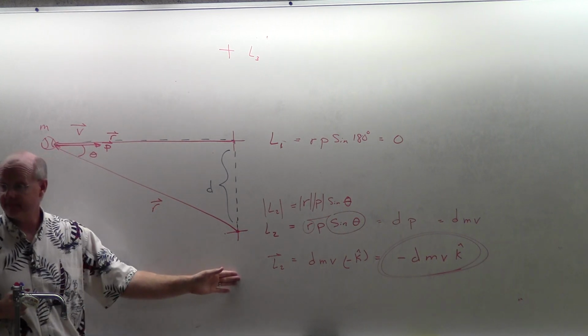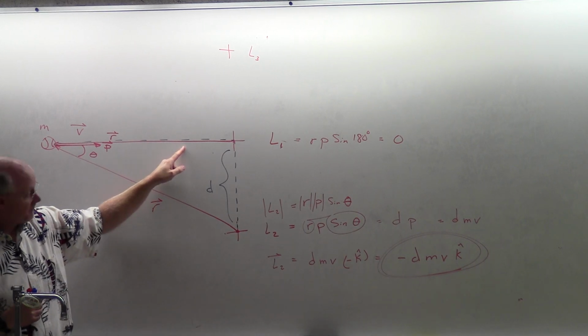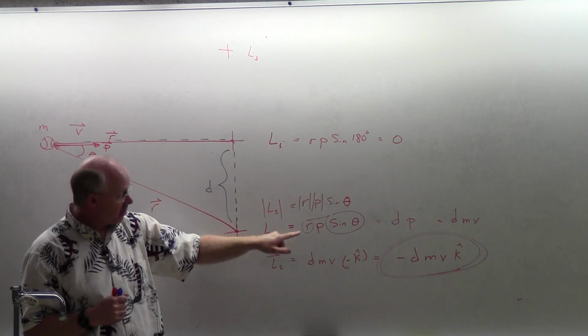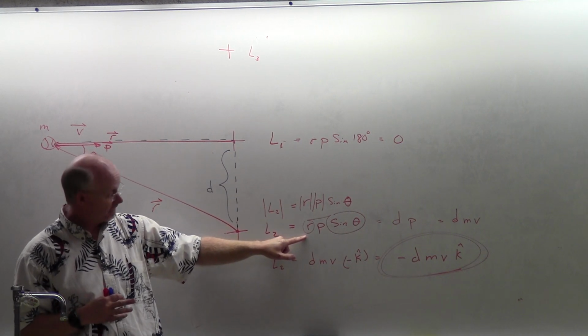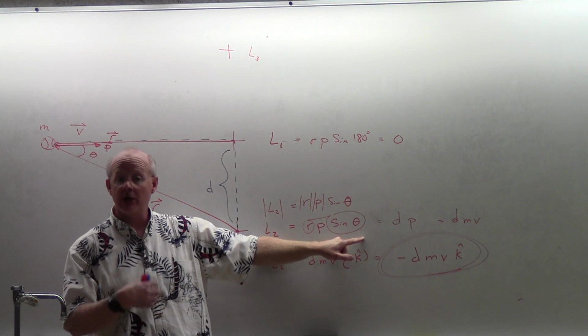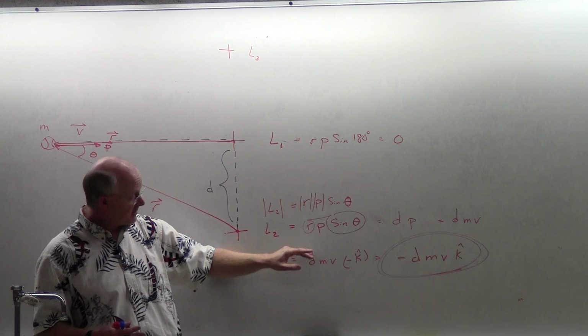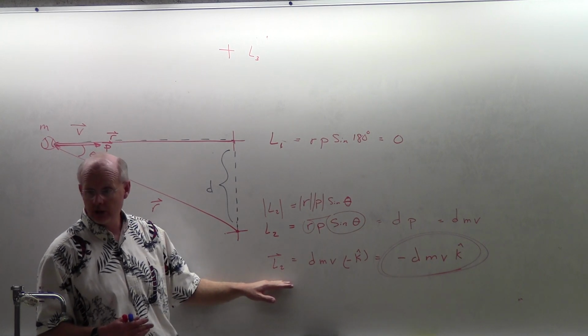What does this one say? What happens when the ball's here? Did R change? Did the angle change? Now, if it's going in a straight line at the same speed, P didn't change, right? But did the total amount of angular momentum change?